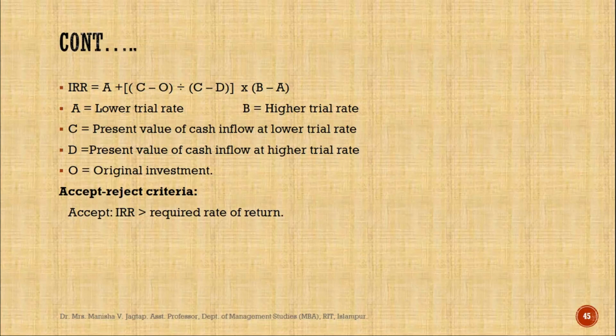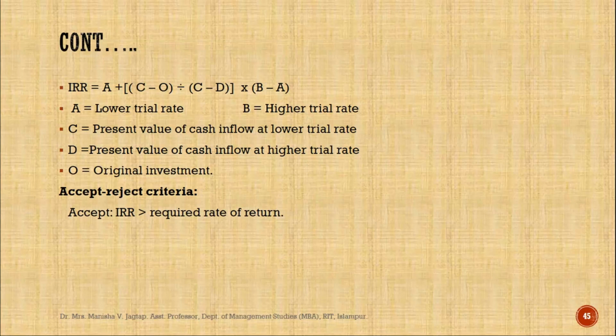A is the lower trial rate. B is the higher trial rate. C is nothing but the present value of cash inflow at the lower trial rate. D is the present value of cash inflow at the higher trial rate, whereas O is the original investment, or we can say cash outflow.